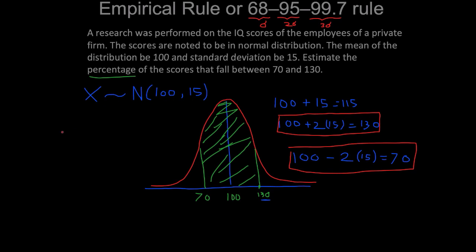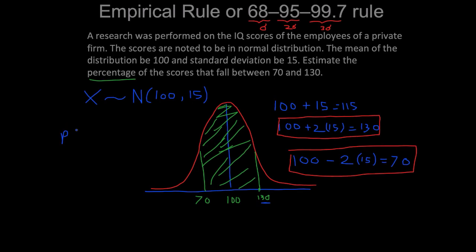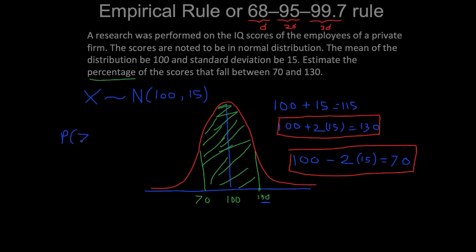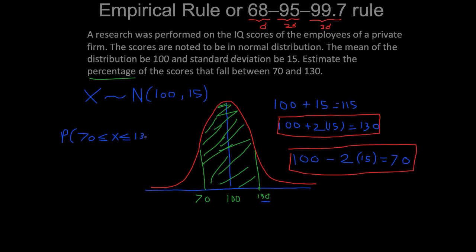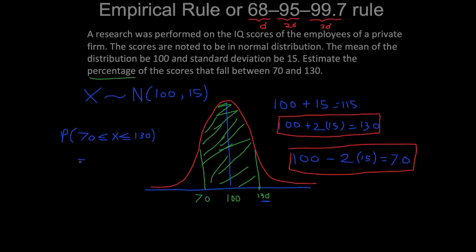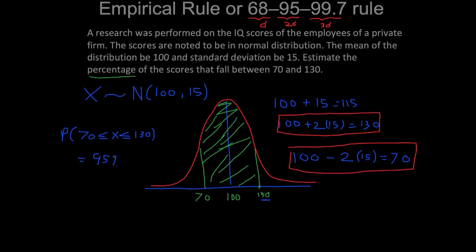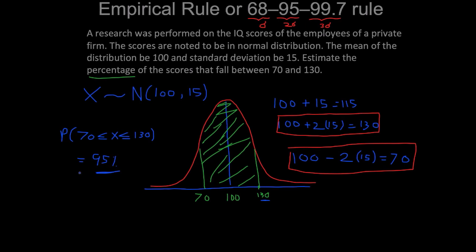So we can write the probability, that is the percentage, between 70 and 130 equals 95% according to the empirical rule. So this is our answer.